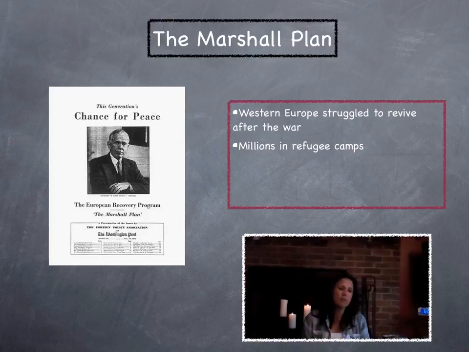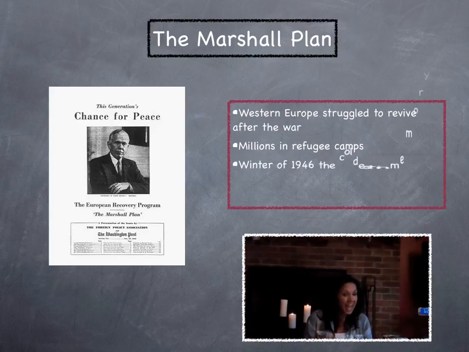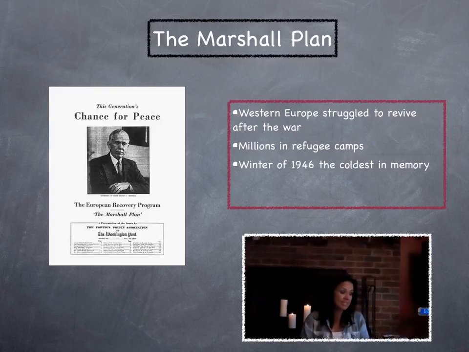You had millions of people in refugee camps just waiting for the government to rebuild their country so that they could get back into homes. And to make it even more difficult for the recovery effort, the winter of 1946 was the coldest winter in memory.